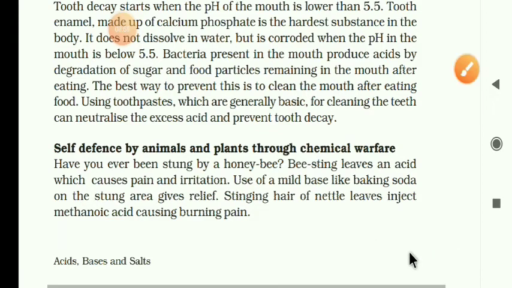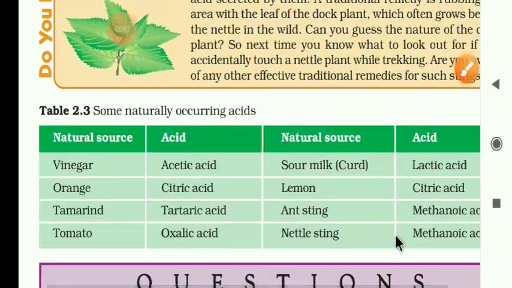And here some more are given: vinegar contains acetic acid, orange contains citric acid, tamarind contains tartaric acid, tomato contains oxalic acid, sour milk contains lactic acid, lemon contains citric acid, ant sting contains methanoic acid, and nettle sting contains methanoic acid. So remember this one.